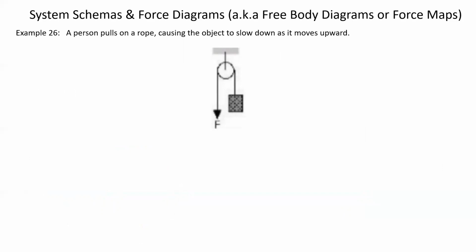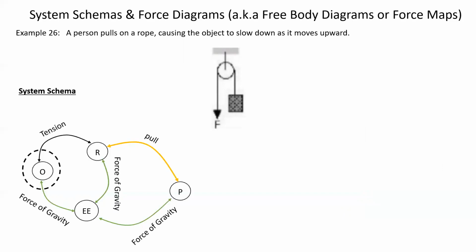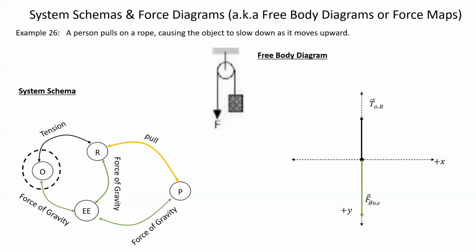A person pulls on a rope, causing the object to slow down as it moves upward. Again, the system schema looks the same, but the force diagram looks different. If it's moving upward, so the velocity vectors are upward, but it's slowing down, the acceleration must be downward, meaning that the downward force, in this case gravity, must be bigger than the tension force.